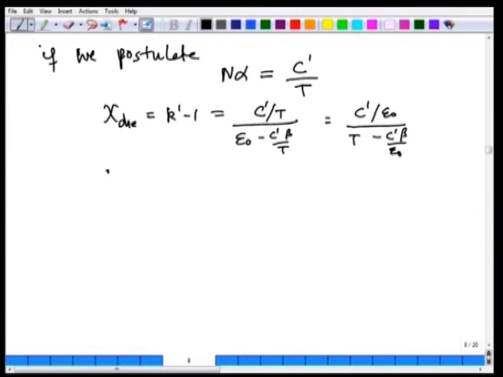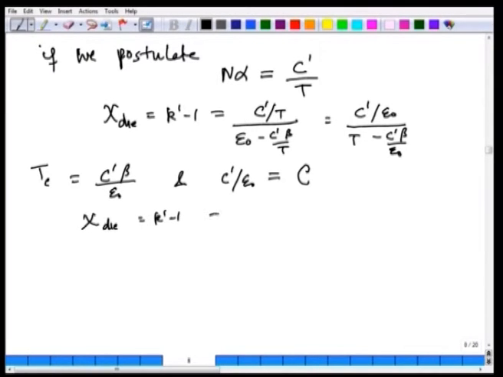And if we define C prime beta by epsilon naught as some temperature Tc, and C prime by epsilon naught as another constant, let us give it a name C, then I will write the dielectric susceptibility, or dielectric constant, as equal to C divided by T minus Tc, which is the well known Curie-Weiss law.